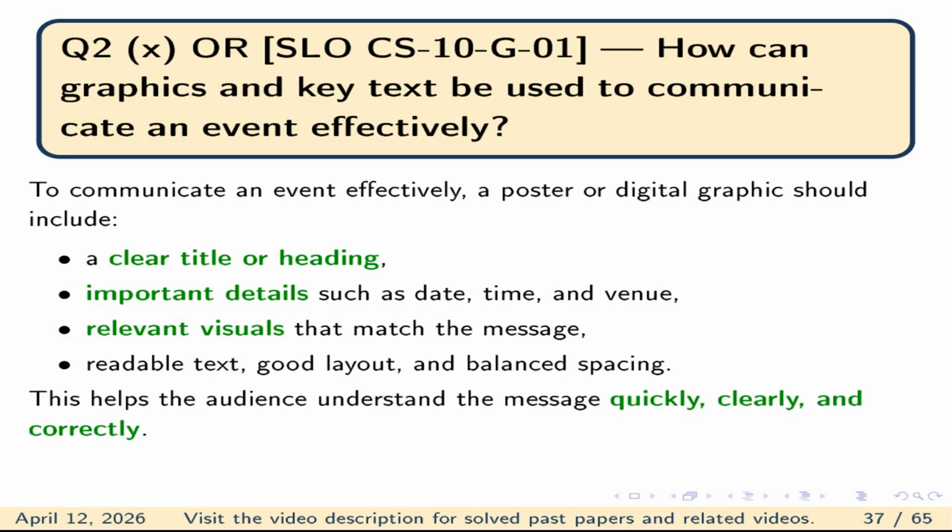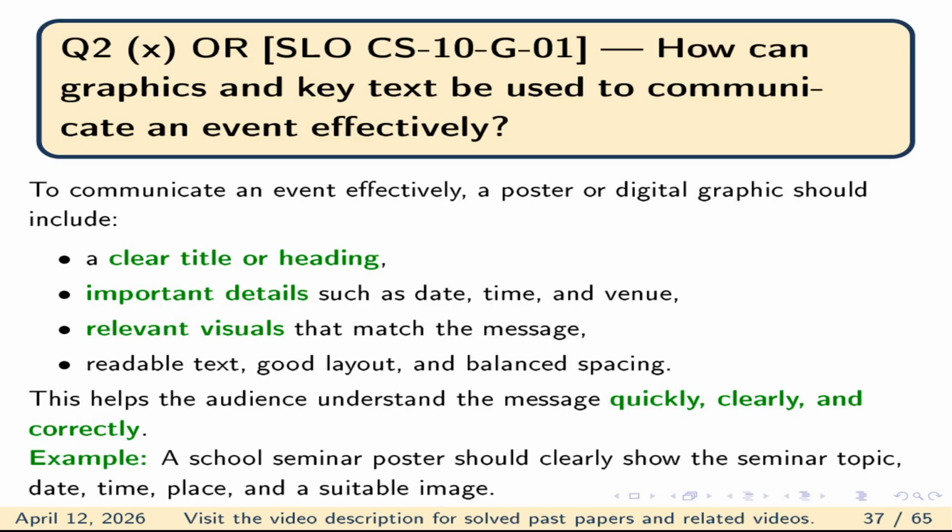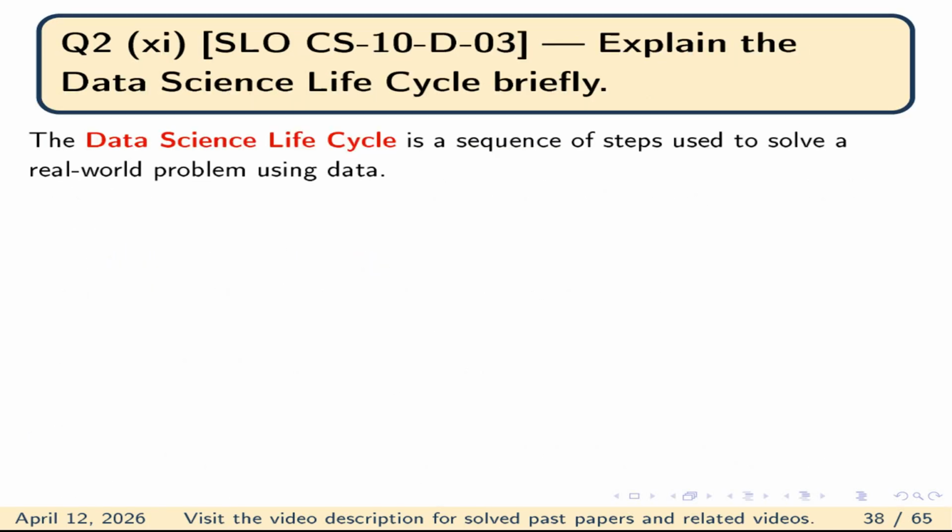This helps the audience understand the message quickly, clearly, and correctly. Example: a school seminar poster should clearly show the seminar topic, date, time, place, and a suitable image.